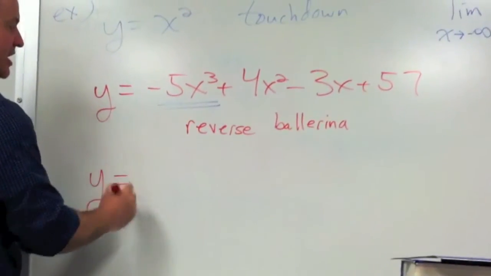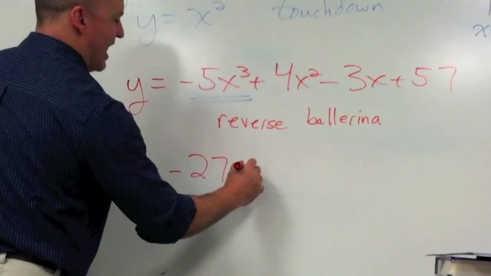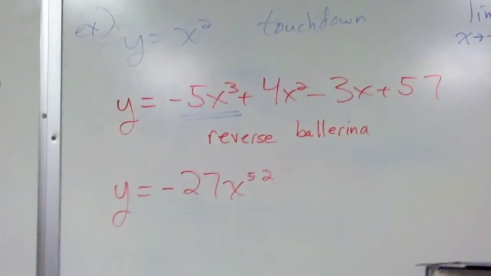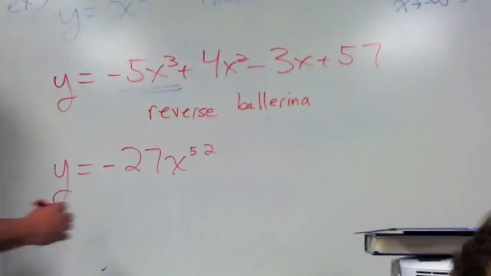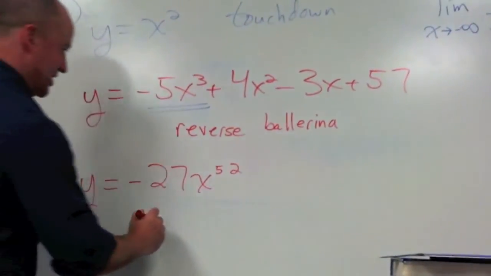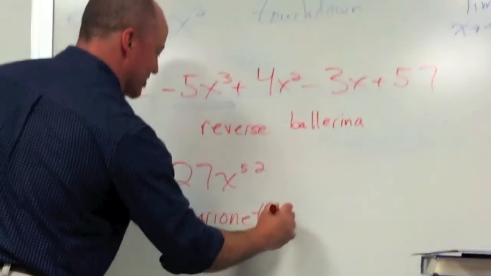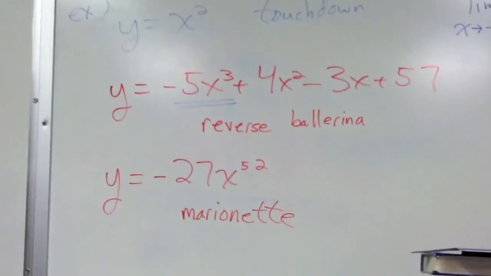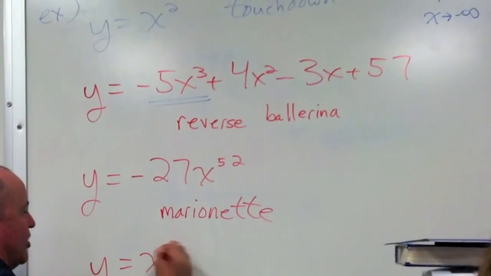Y equals negative 27x to the 52nd power. Marionette. I wish the camera could see you guys on this one. They're quite entertaining, the interpretive dance. Here, I'll give you an easy one on the last one. Y equals x cubed.